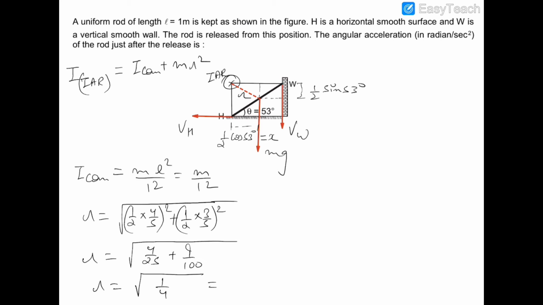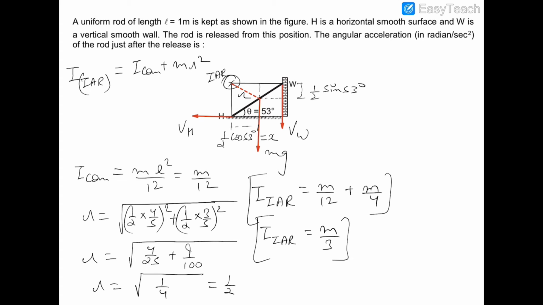So the value of r would be 1 by 2. So the moment of inertia of this rod about IAR would be ICOM, which is m by 12, plus m r square, which is m by 4, because we are using r square. So I about IAR is equal to m by 3.